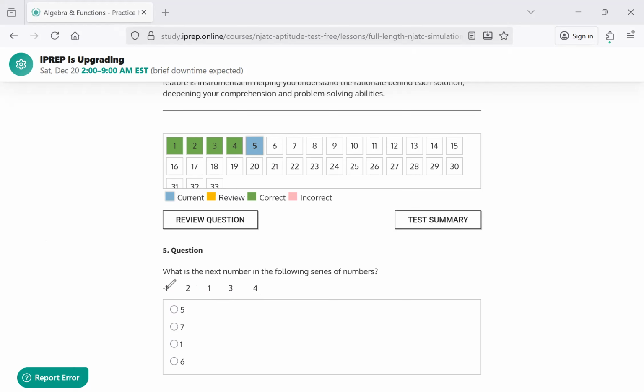So from here to here, you add 3, from 2 to 1, subtract 1, from 1 to 3, you add 2, and then from 3 to 4, you add 1. So over here, this one you add 3, but this is -1.